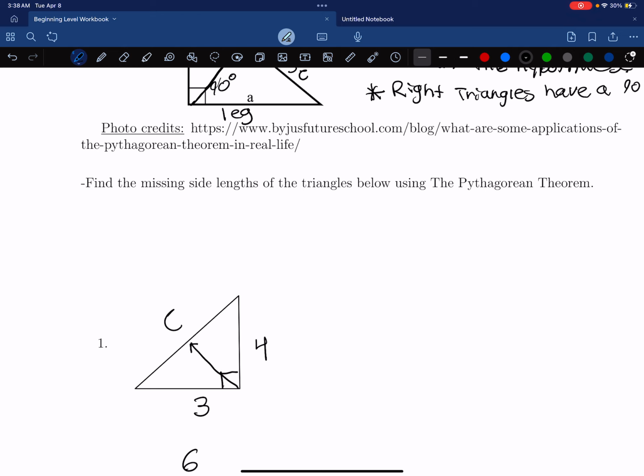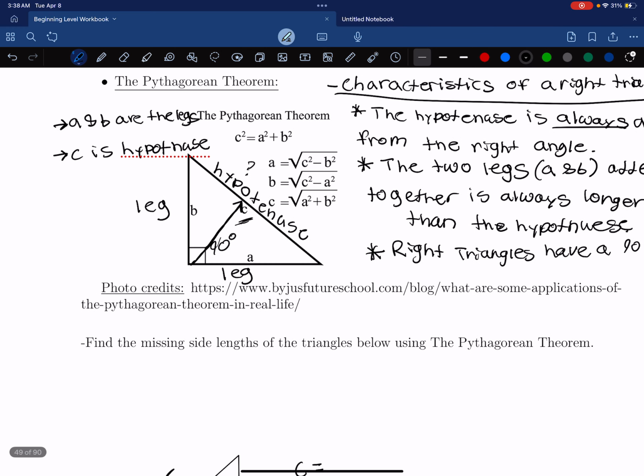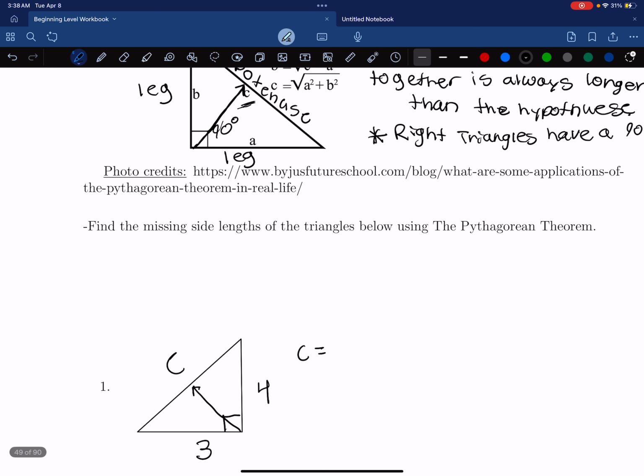So if the C wasn't here, we could find out that this is the hypotenuse because it's directly across from this right angle. So let's say C. If we look above here at the formulas, we have a formula for C. That is the square root of a squared plus b squared, which I got from here.